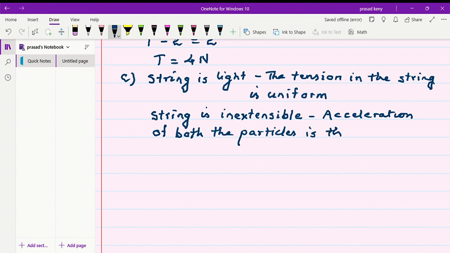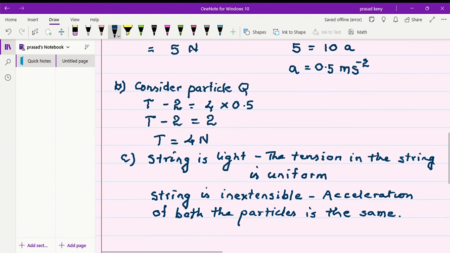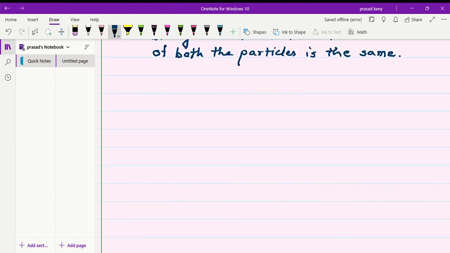Both the particles will accelerate at the same rate when one of the particles is pulled. So this is how the modeling assumption, the string is light and inextensible, is used in this problem.